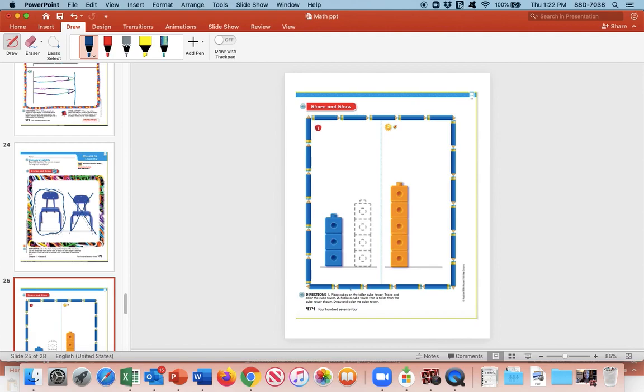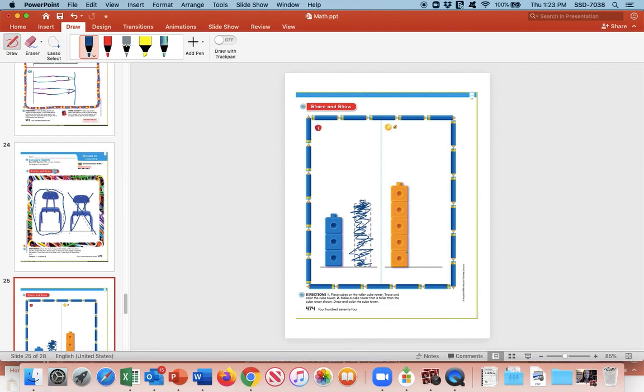Trace and color the cube. We don't have cubes, so we're just going to color it. So you can use your crayon right now and go ahead and color this cube train, because this one is taller than the blue next to it. Now let's take a look over here, and again, you can pause this video at any time if you need to finish something first.